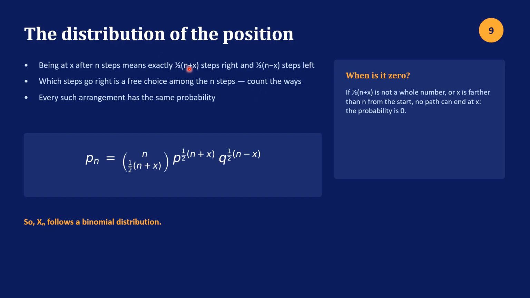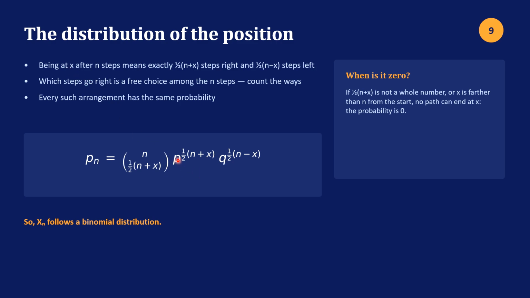We can check this. If we add these, we get the total number of steps. You notice the x's cancel and you get 1/2 n plus 1/2 n, so you get n, so that's right. Then if you take the number of left from the number of right, the 1/2 n's cancel and you get 1/2 x plus 1/2 x, because you're subtracting here, and you get x. So that checks out.